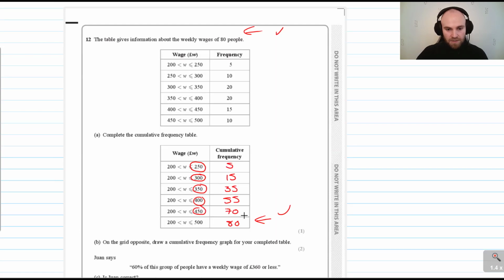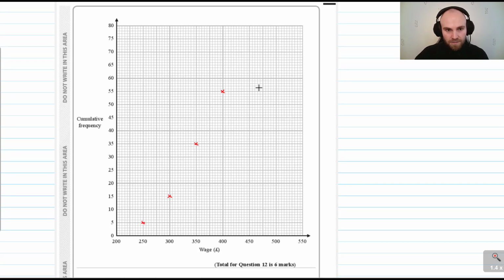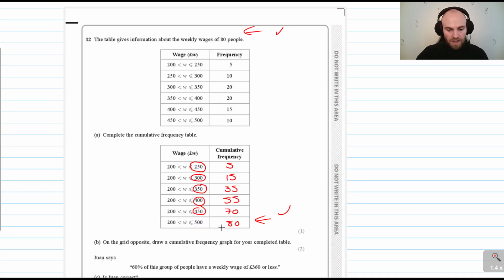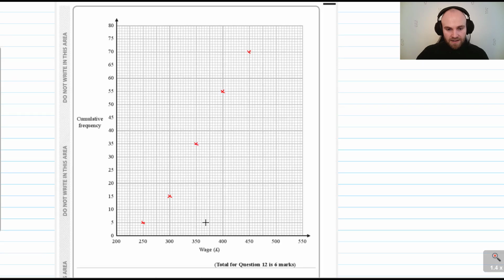And then 70 people earn less than 450. And then 80 people earn less than 500. So just go all the way to the top. And like I said, I'm not looking forward to doing this. I'll put this in black, but I do need to try and draw a smooth curve for this.